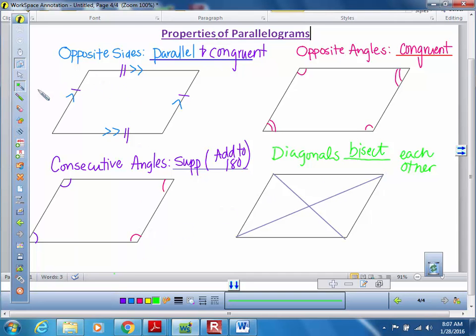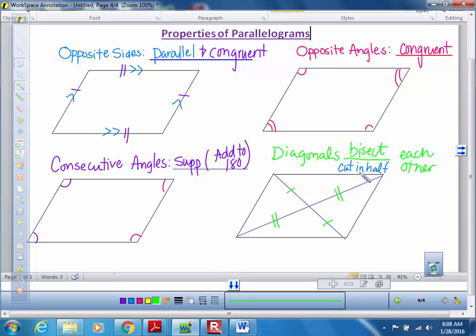And remember, bisect means that they cut in half. So if this diagonal cuts this one in half, that means that this piece and this piece are congruent. This diagonal also cuts this one in half, which means this piece is congruent to this piece.